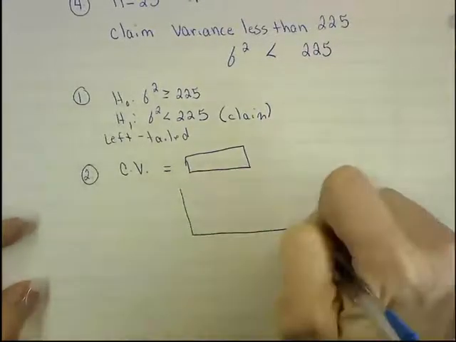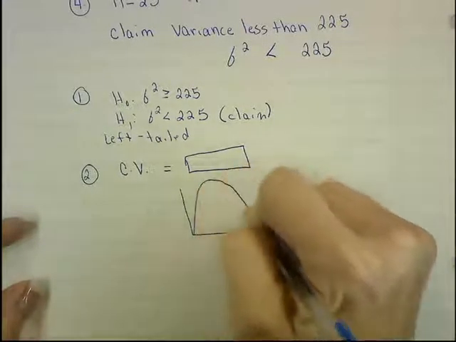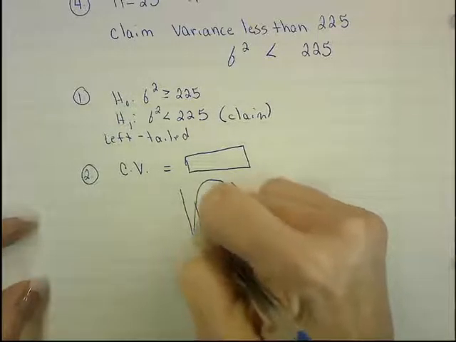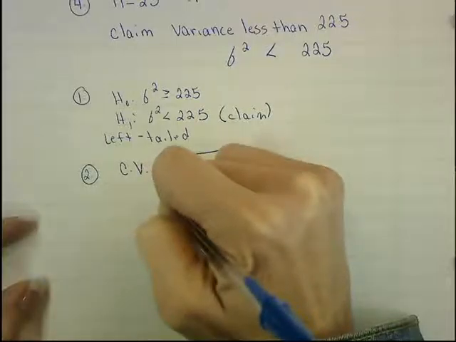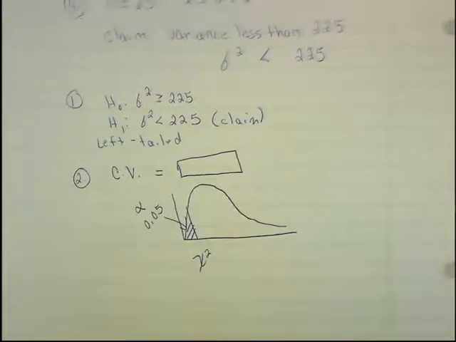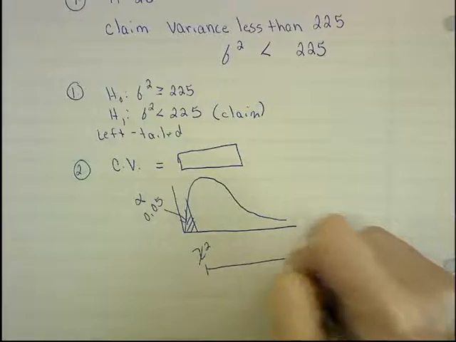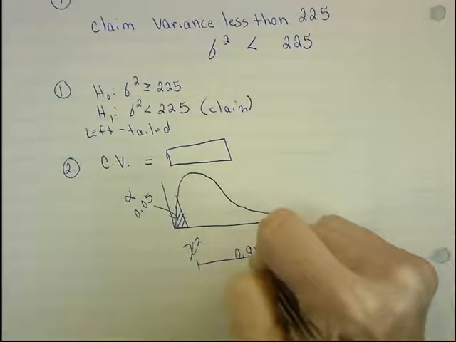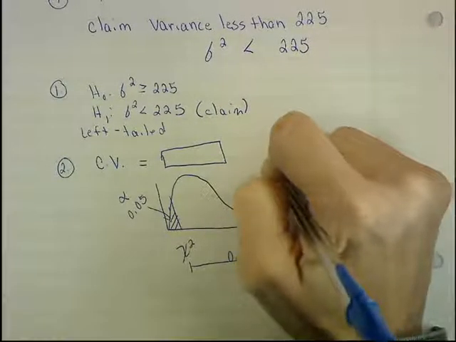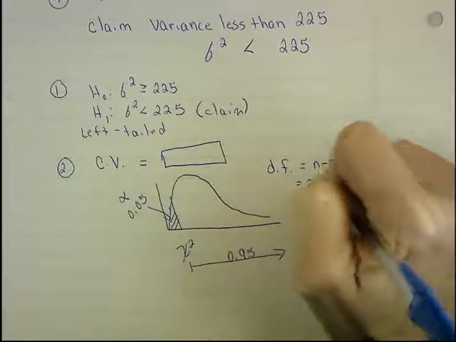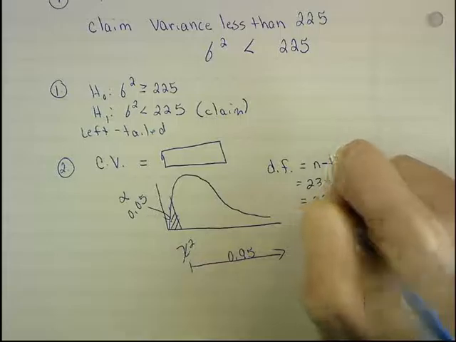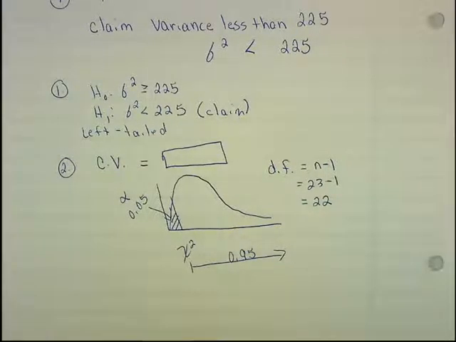You draw your chi-square distribution, and you shade your left tail, and this is your alpha of 0.05 in the left tail. The area above it, which is the column you go to, is 0.95, and degrees of freedom will be row 22. So I'm going to go to row 22 and column 0.95 to find that.